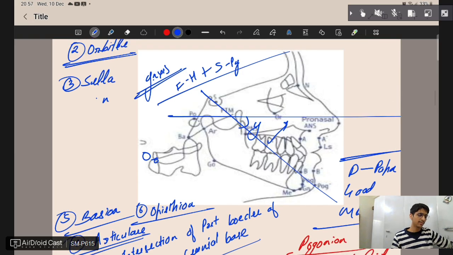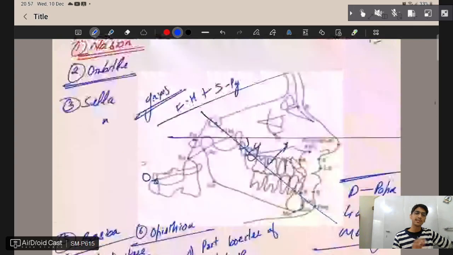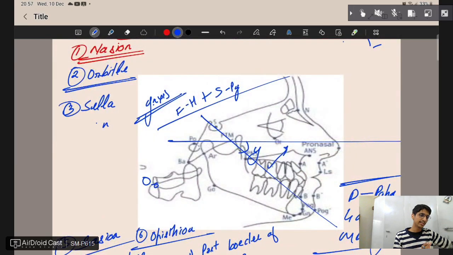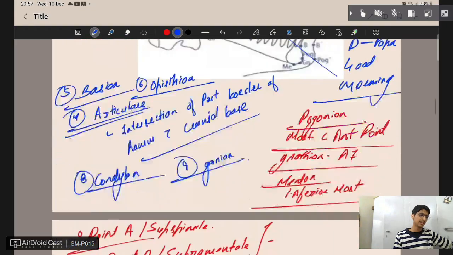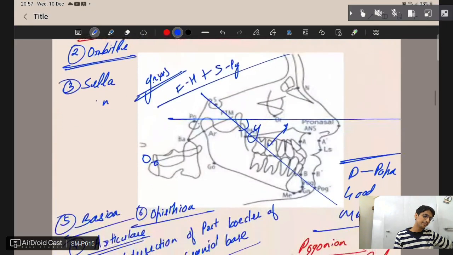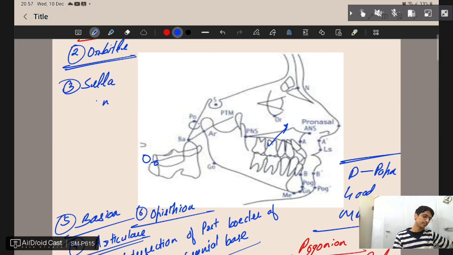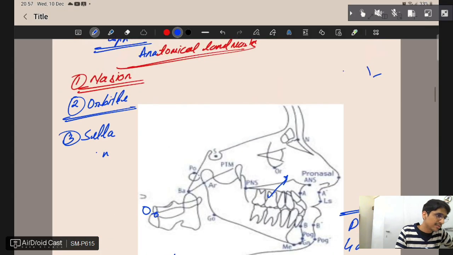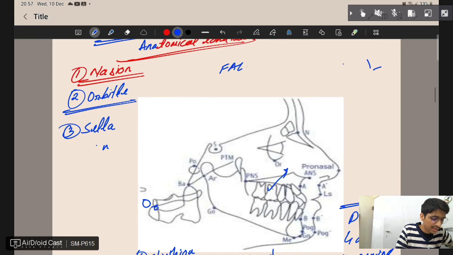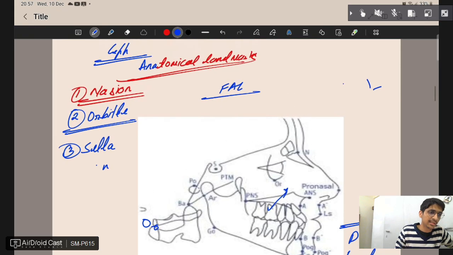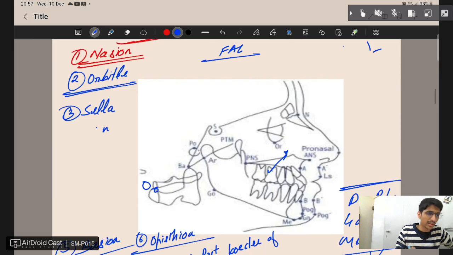So what we have studied till now is the four planes. Facial angle was telling about the class 2 or class 3 situation, but it is not in comparison to the maxilla. What we are comparing is through the cranial base only.